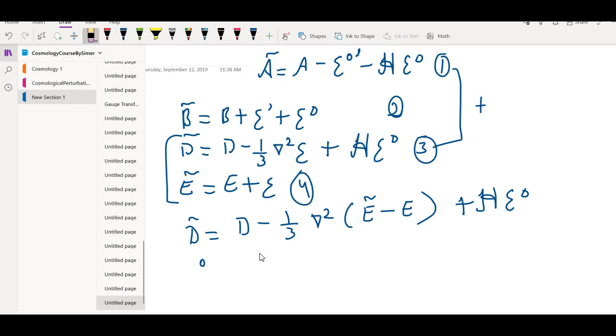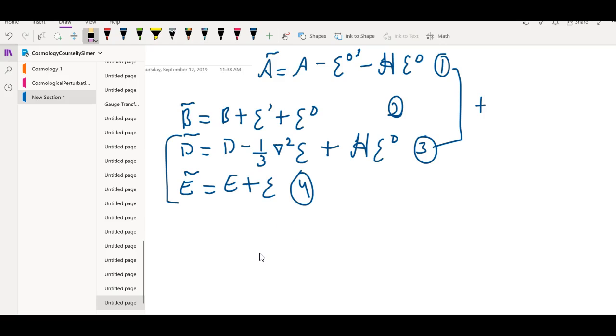Hang on, there is another trick which we can use that would be much simpler. If I substitute xi from here to here, I will get b tilde is equal to b plus E tilde xi minus E xi plus xi 0.